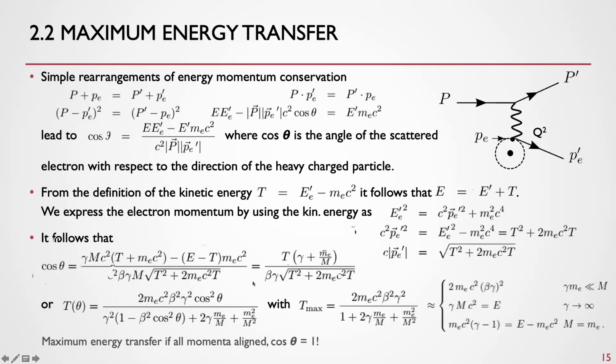We now invert this quadratic equation, and that's something I wouldn't have done anyway, because I believe you can all solve quadratic equations. So we solve this equation for the kinetic energy in terms of the angle. And the result is given here.